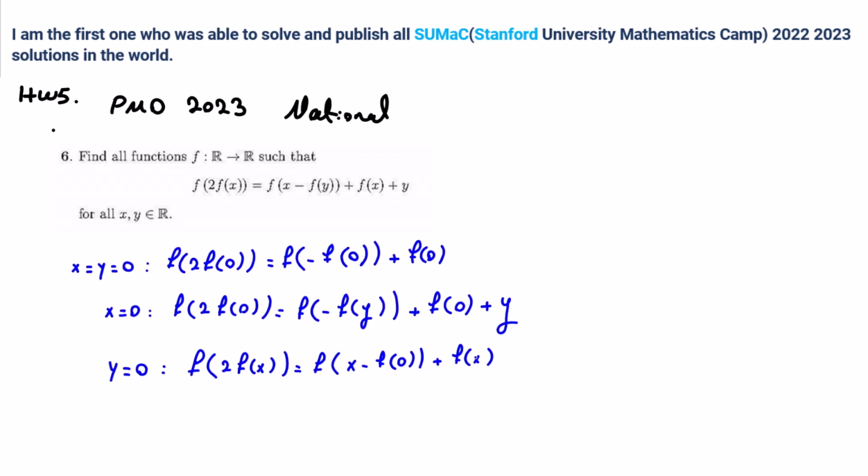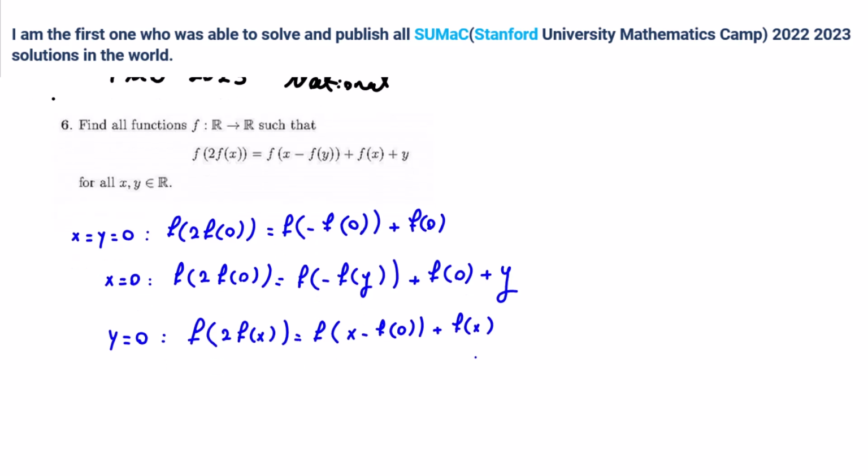Like exactly the JMO and BMO problems, we try to get rid of the complicated term. Here we can do what to get rid of, for example, this term? You can substitute it out.